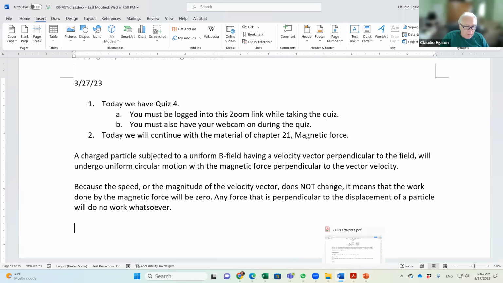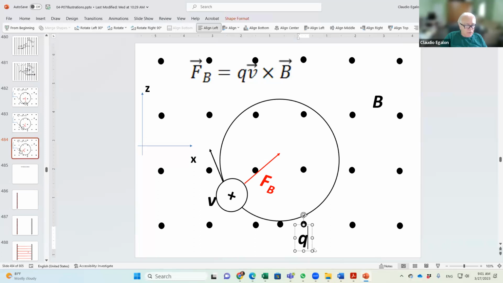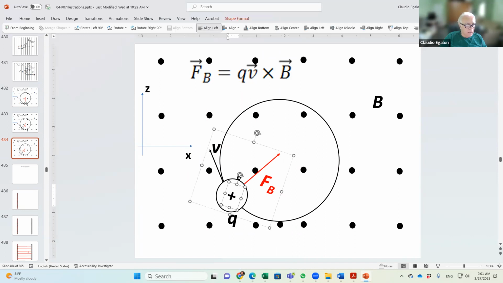Let's go back here to this uniform circular motion of the charged particle. Another thing that we can do here is that given this charge here, the velocity vector must be here. Here's the X and Y axis. Let me rotate this so it looks better.